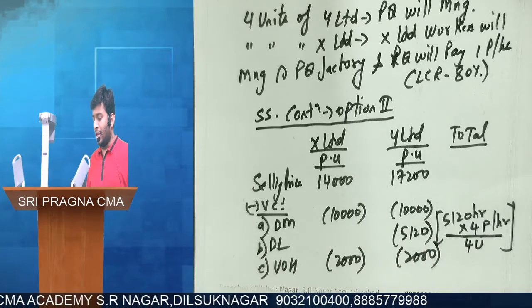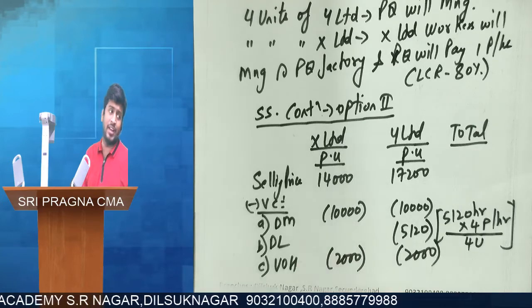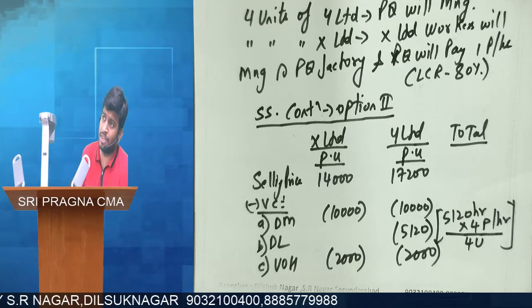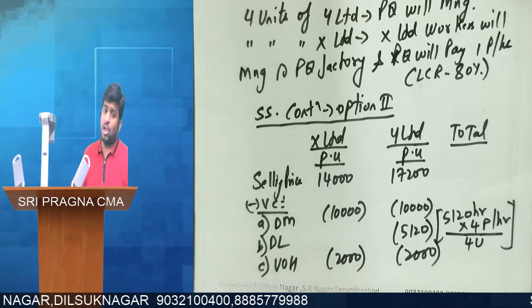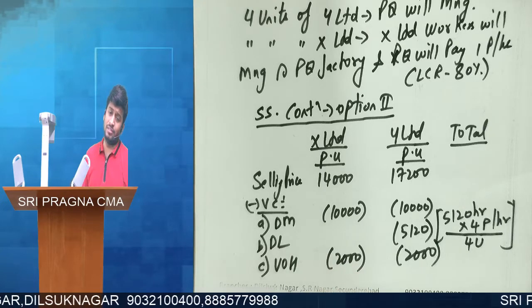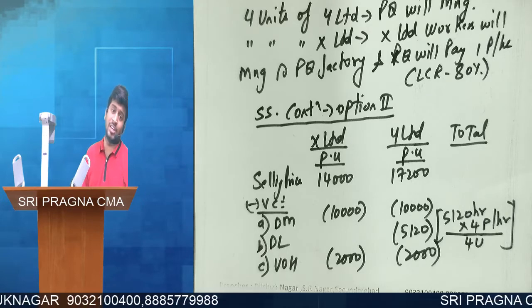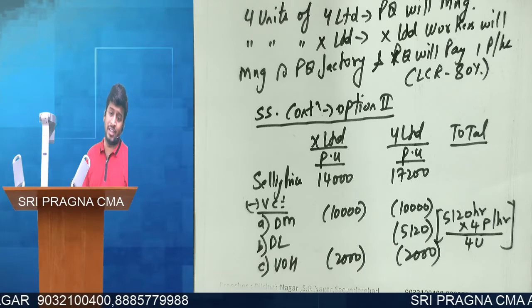Am I clear? Now, who is manufacturing X Limited's order? How much time will they take? 5,120, because both the workers have the same learning curve.